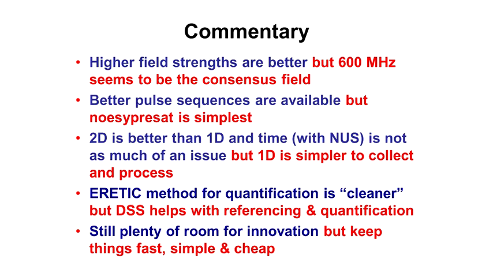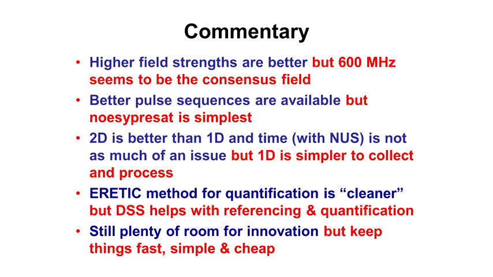Two-dimensional NMR is better than one-dimensional NMR for simplifying spectra, but 2D takes longer. But with rapid acquisition and non-uniform sampling, it's possible to collect 2D spectra very quickly. However, most people doing metabolomics still prefer 1D, and it's likely for the foreseeable future that 1D will be used.